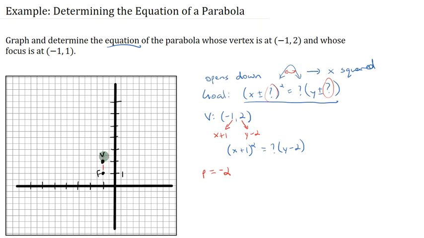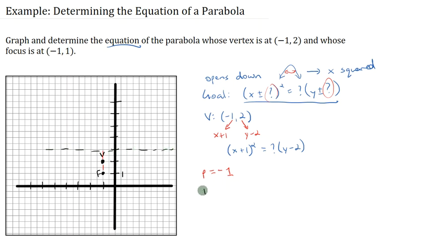And so I also want to measure 2 units. I'm sorry. Every 2 grid marks is 1 value. So p is actually -1. Glad I caught that. P is -1, which means I also need to go 1 in the other direction to locate my directrix. So my directrix is right here.